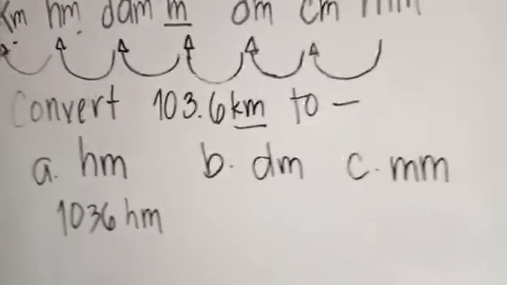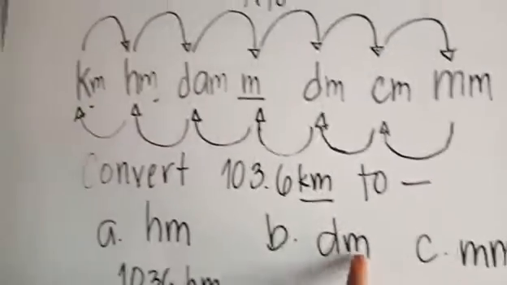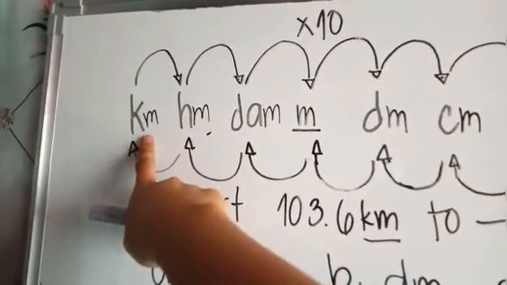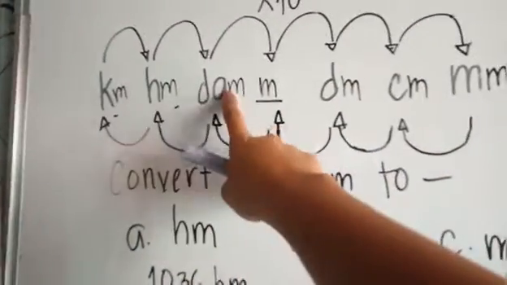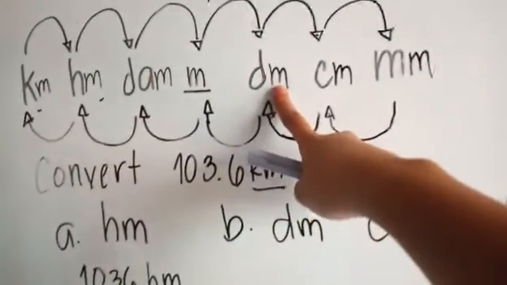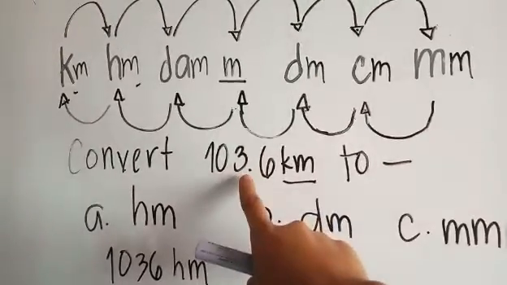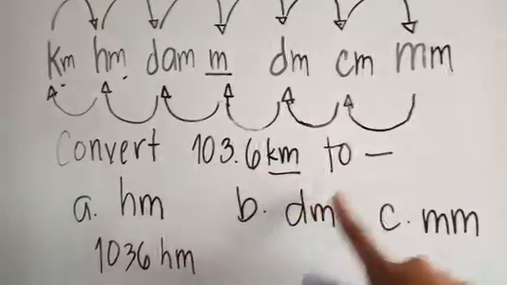Then, we have hectometer. Next, let's have the decimeter. So, kilometer, we move down or convert it into decimeter. So, we have 1, 2, 3, 4. So, it moved 4 times. This means we also move our point to the right 4 times.